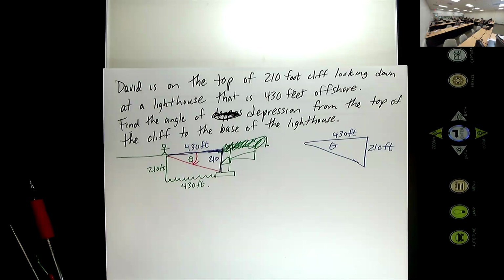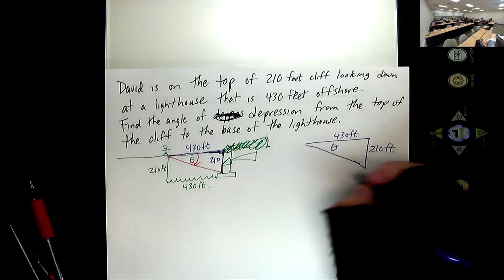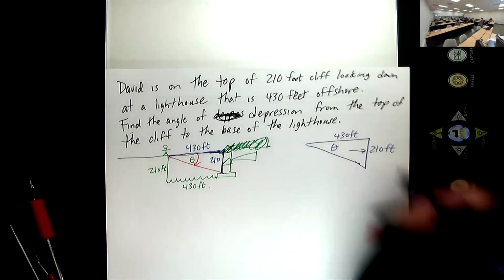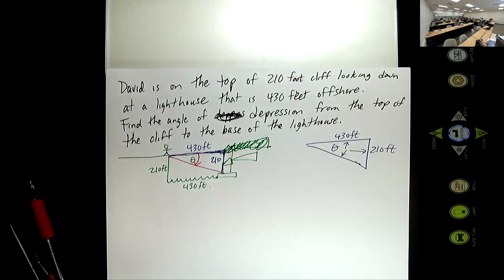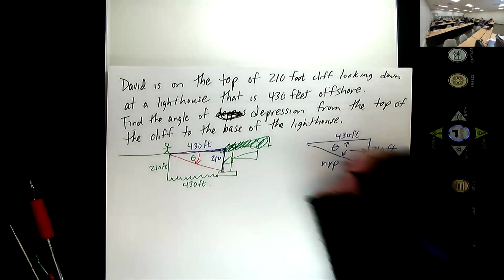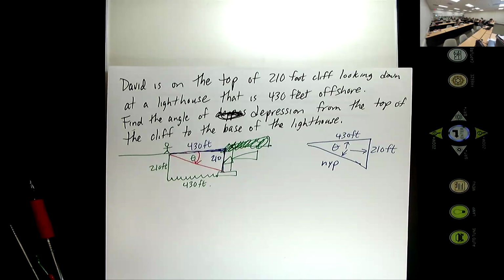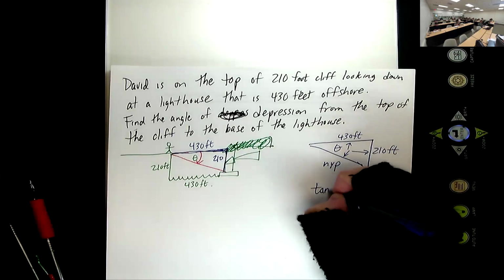What can I use? We could try to go for the Pythagorean theorem, that's gonna give us extra information, but you can do it, it's not wrong. We are looking at that angle, so where's the hypotenuse? I have three sides, which side is the hypotenuse? That's that one. So we want the trig function without hypotenuse, because we don't have that information. Tangent does sound like the right answer.